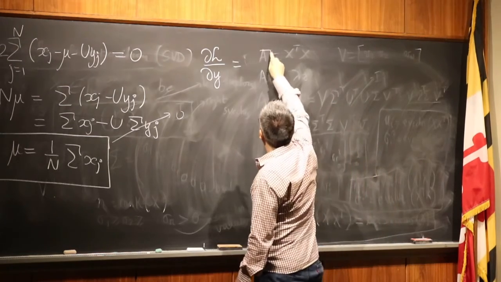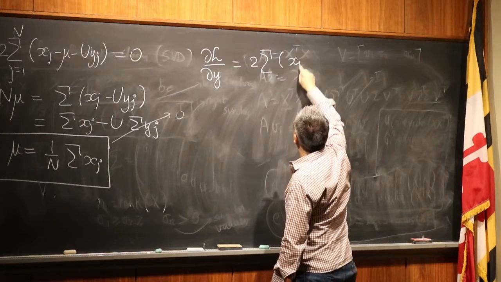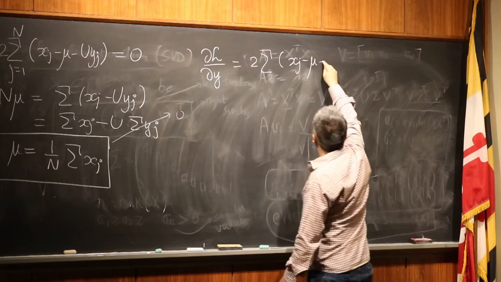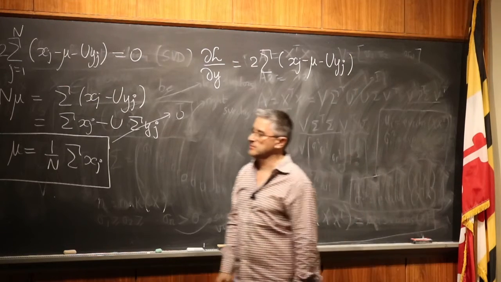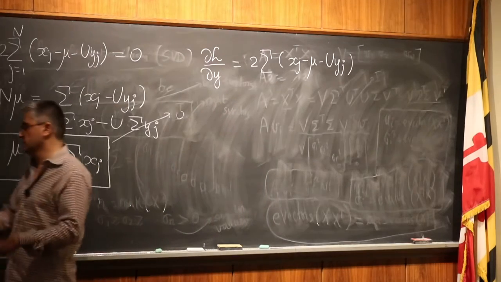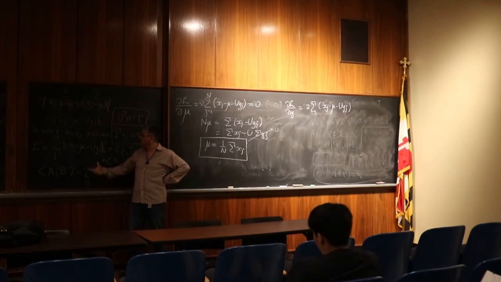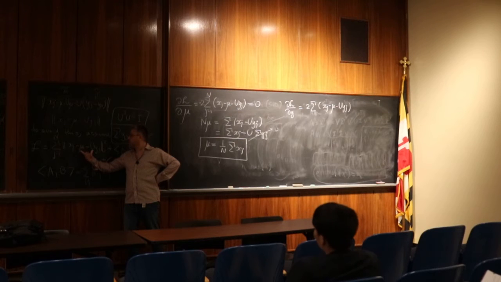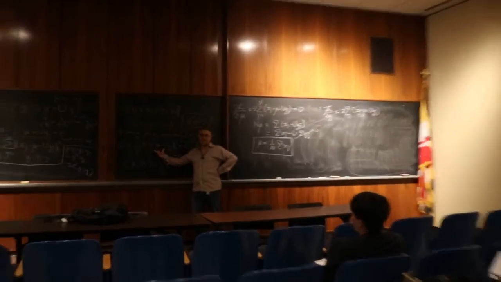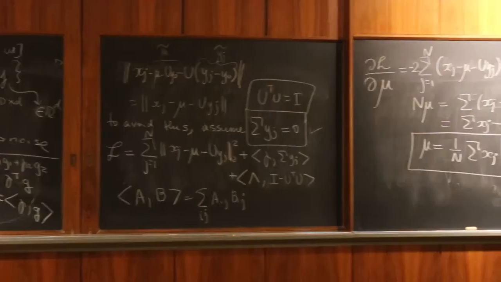Sum, and I've got 2 times xj minus mu minus u times yj. So 2 times the derivative of the square is 2 times the thing. But by the chain rule, now I need to compute the derivative of this with respect to y. And what is the derivative of this with respect to y? Minus u. Okay, the minus is easy. I'm going to put it here.